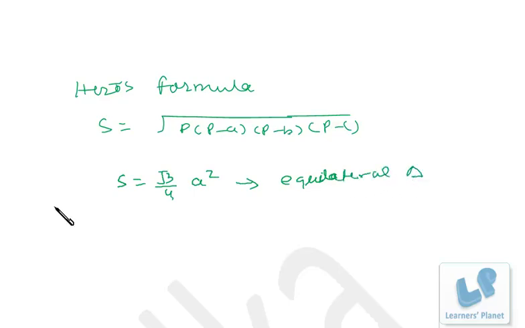Now, the other relationships that you must be knowing are S is equal to pr, where p is semi-perimeter and r is inradius, or we can say S is equal to abc by 4R, right? Here R is circumradius, here r is inradius, a, b, c are sides of the triangle, and p is the semi-perimeter that I have already told you, right?